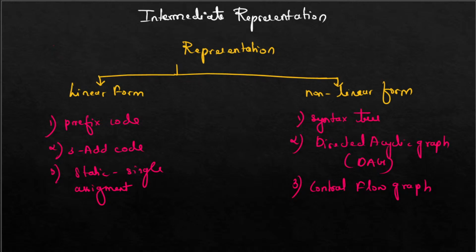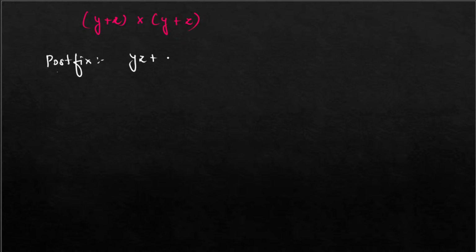Now I will just take one example, and in that everything will be clear. So the expression is (y plus z) into (y plus z). How will the postfix be represented? Postfix will be yz plus, multiply, like this. And 3AC will be T1 equals y plus z, T2 equals T1 into T1.